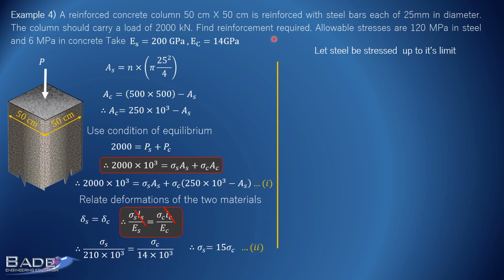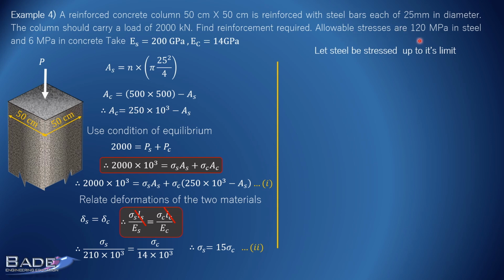Don't directly substitute sigma steel as 120 megapascal and sigma concrete as 6 megapascal in this equation. That is a mistake, because these are not stresses in steel and concrete in this column.